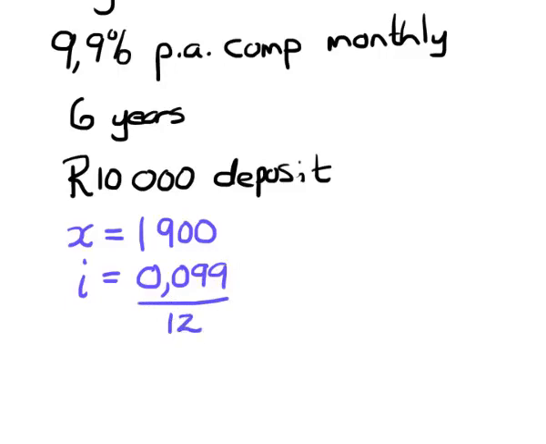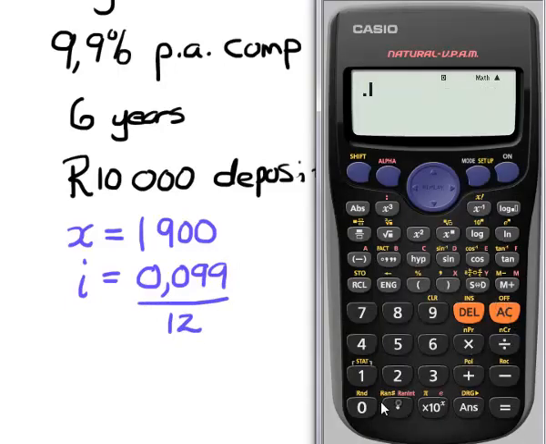Let's see what that gives us. Okay, that's a reasonable number to put in as well. So we're going to use that as our value.